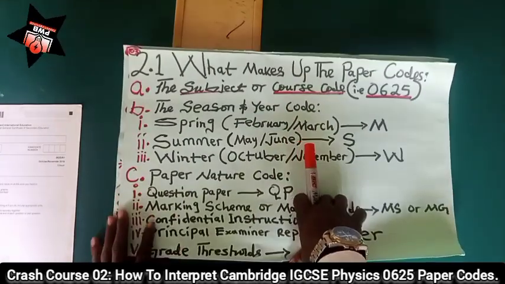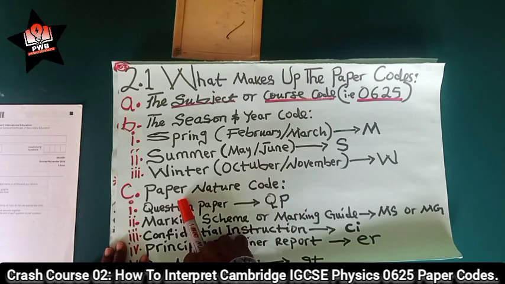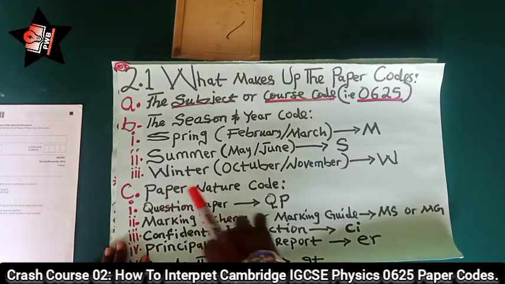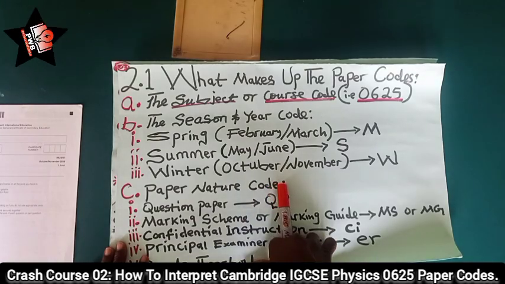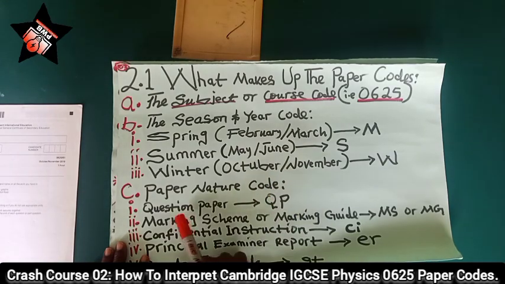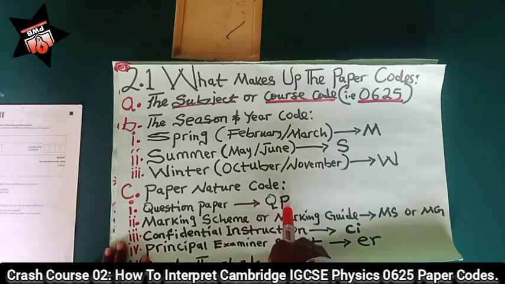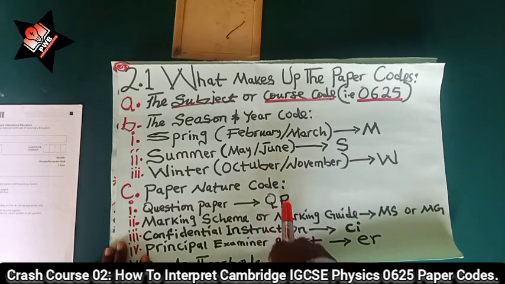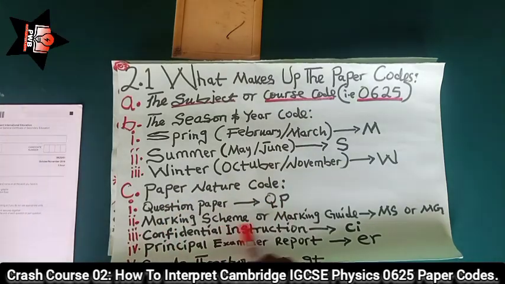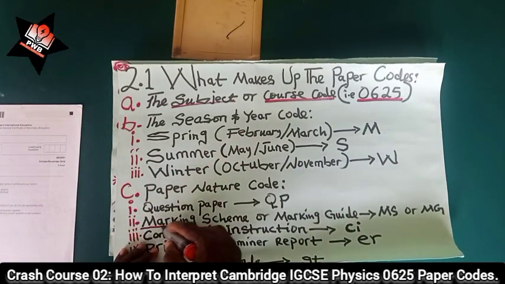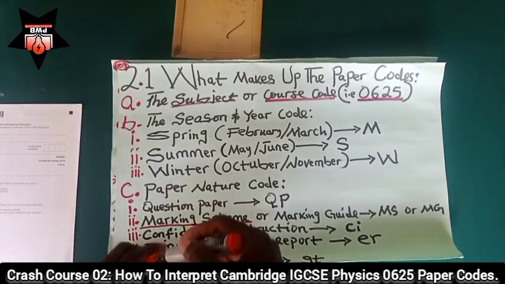Now let's proceed. Next up, you have the paper nature code. That is the third code, the paper nature code. The nature of the paper: is it a question paper? If it is a question paper, you will see QP, meaning question paper. Is it a marking scheme or marking guide? They use marking scheme, not marking guide.